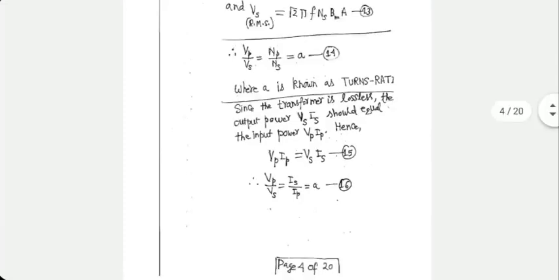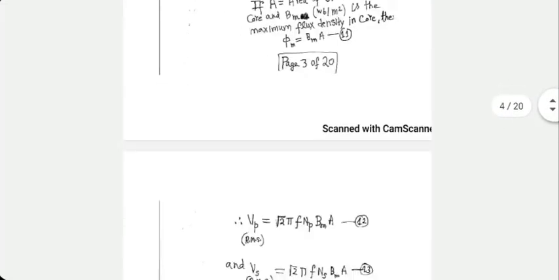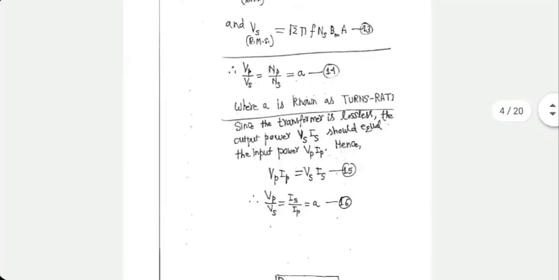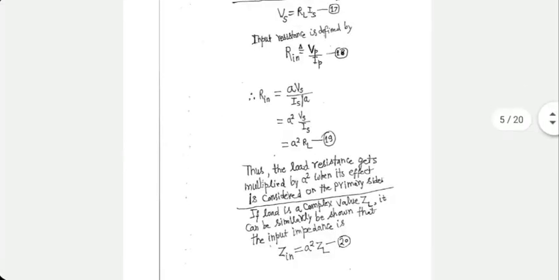In fact, more generally, even if there were a complex impedance, this formula would still apply. Only thing is RL would become ZL in that case. Same derivation, but in complex domain.